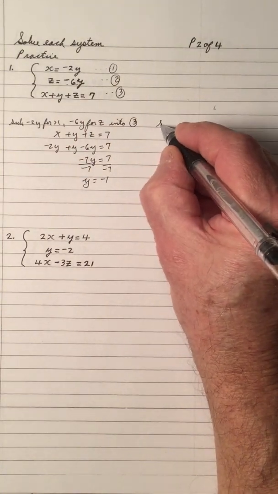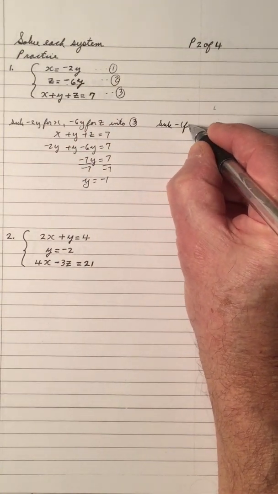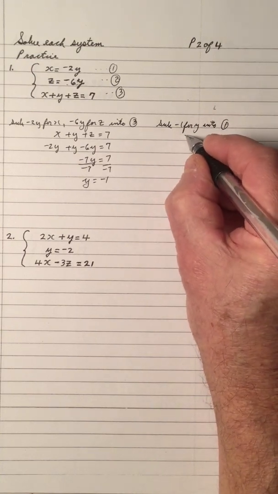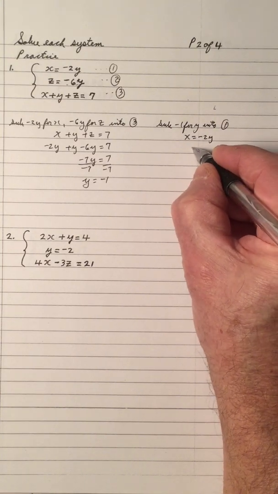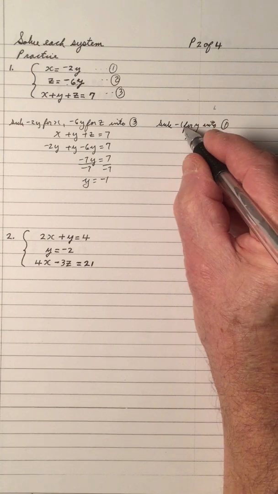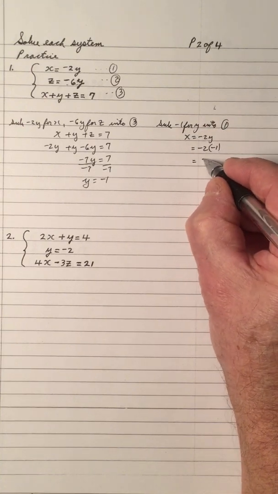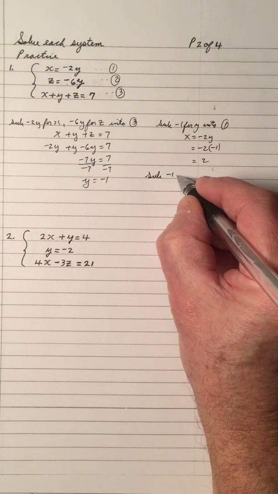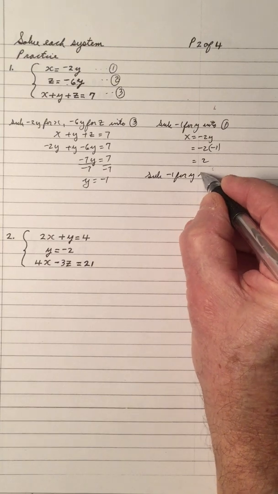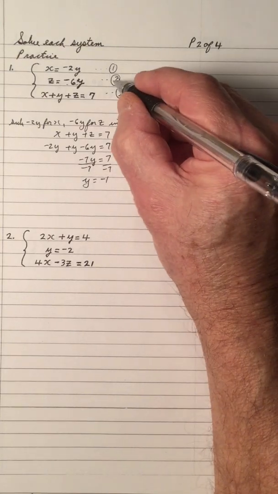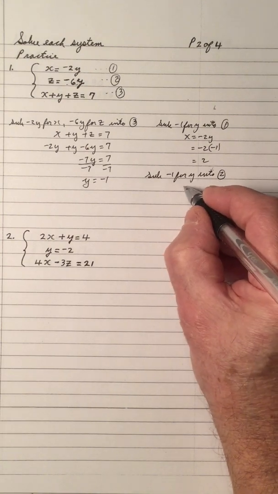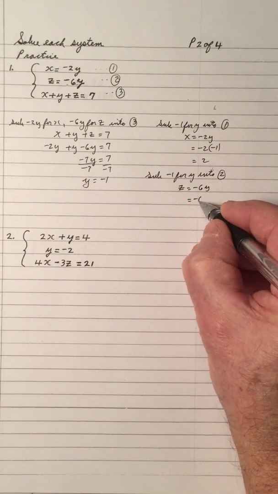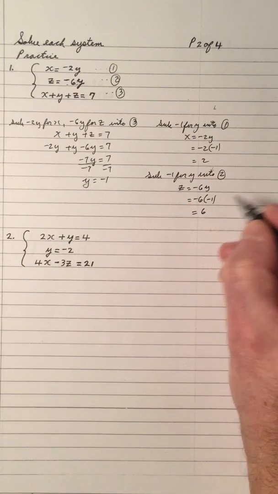So what I'm going to do is sub negative 1 for y into number 1. So x equals negative 2y. X equals negative 2 times negative 1, so x is 2. And then I'm going to sub negative 1 for y into number 2. z equals negative 6y, and y is negative 1, so z is 6.